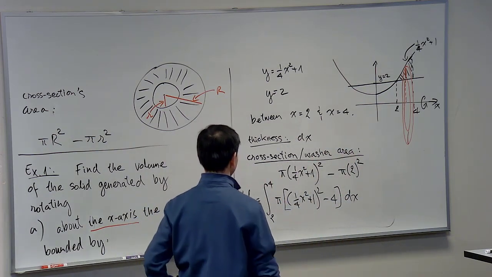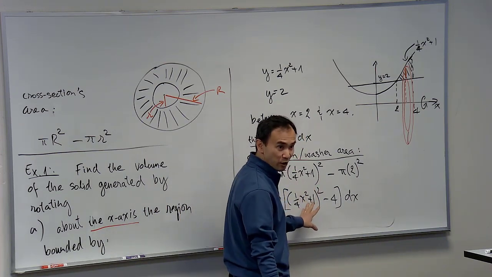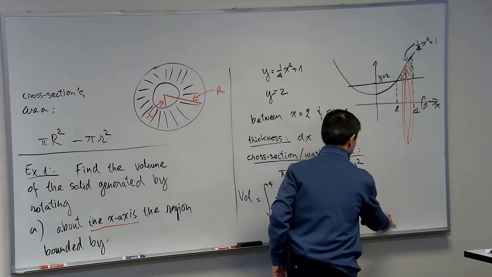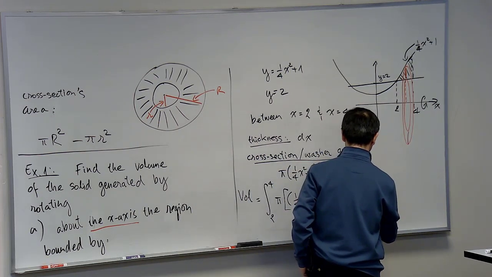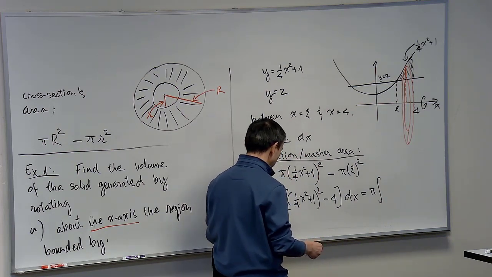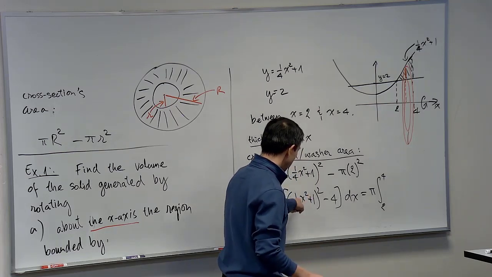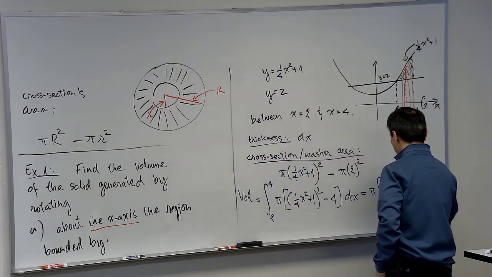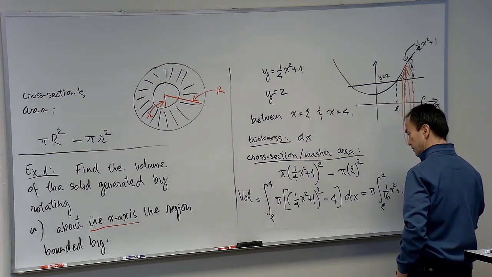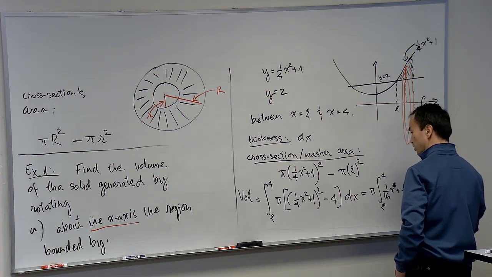Now it's just a matter of algebraically FOILing, and that's the only option we have for this integral. So you can FOIL out 1/4 x squared plus 1 like that, and then subtract 4. My board is getting a little tight here, so pi, I can also bring that coefficient out front. So the integral from 2 to 4. After FOILing out, we're looking at 1/16 x to the 4th, plus 1/2 x squared plus 1.